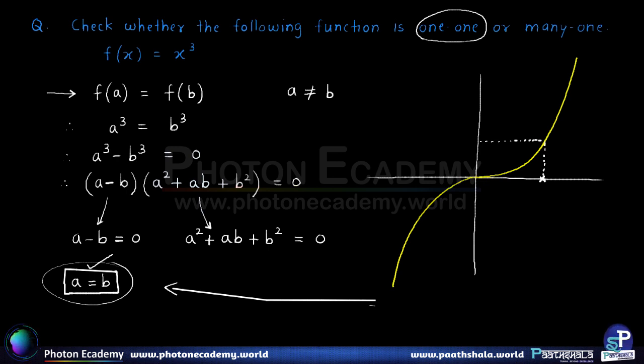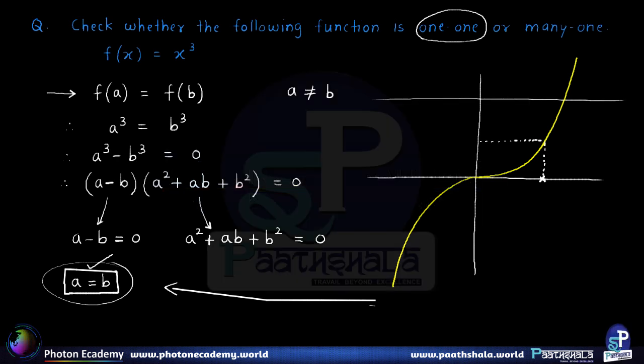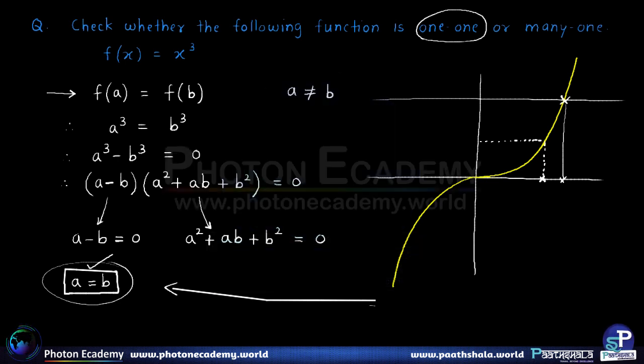And it's clear from this graph that if we draw any horizontal line, that is a line which is parallel to the x-axis, wherever it cuts the graph, it will have only one value of x there. Alright. So in other words, a horizontal line will always cut the graph in a single point. So that proves that the function is a 1-1 function.